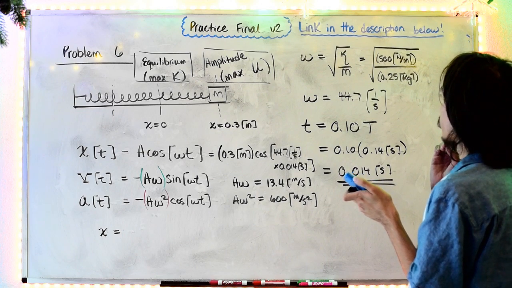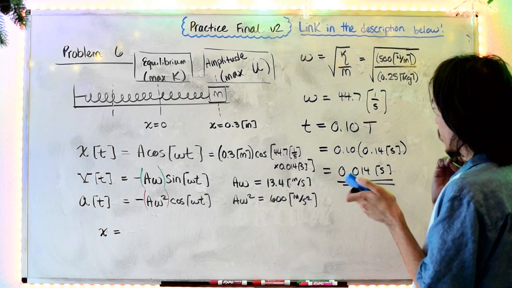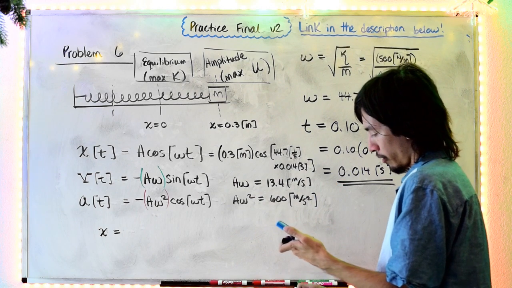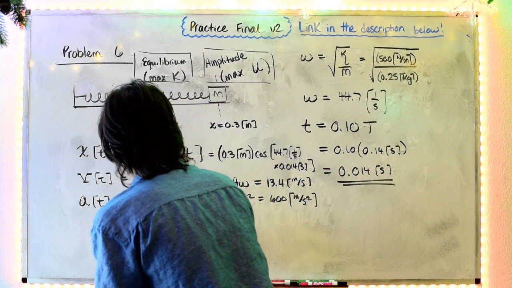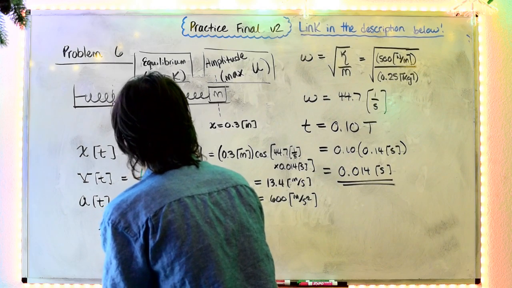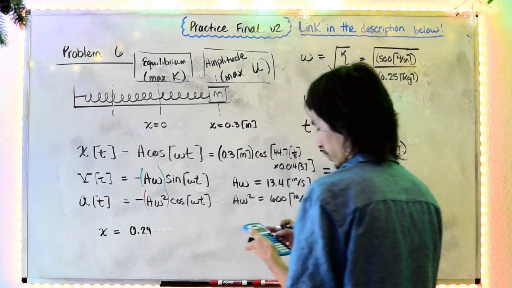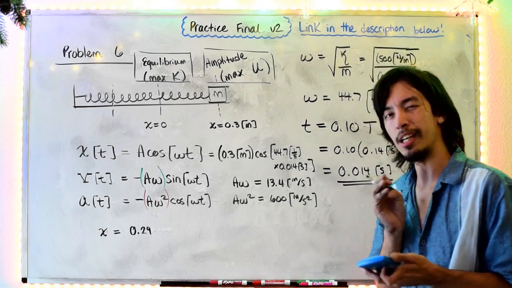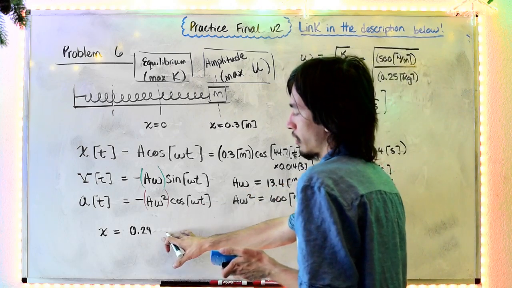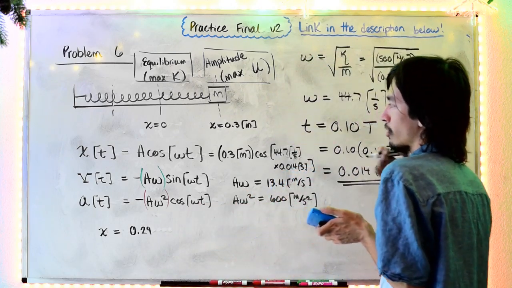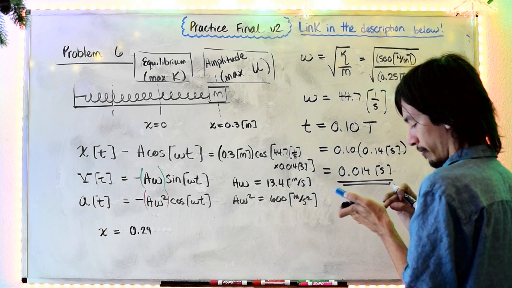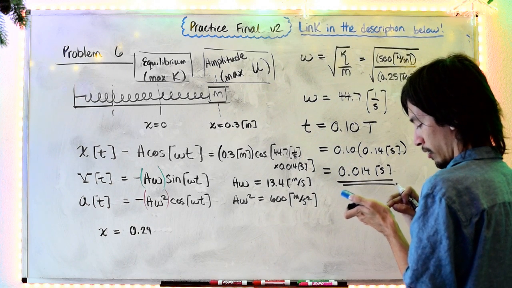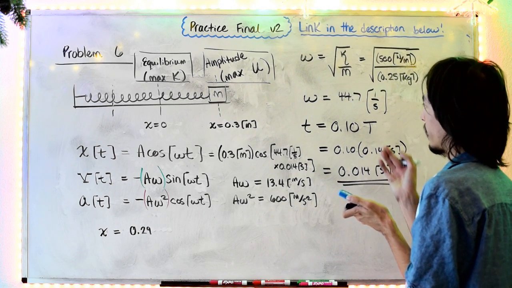Let me make sure I got that right. I'm getting about 0.29. It almost rounds to the same number. I'm going to quickly make sure that my numbers are correct because something doesn't quite seem right, that it's pretty much the same value. Square root of k over m. Yeah, my omega is right.